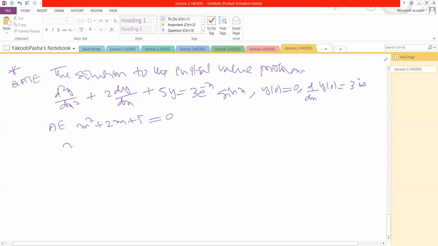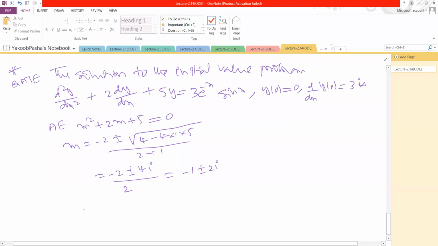We can resolve this as m = (-2 ± √(b² - 4ac)) / 2a, that is (-2 ± √(4 - 4·1·5)) / (2·1). So this is equal to (-2 ± √-16)/2, that is 4i by 2. This is equal to -1 ± 2i. These are the complex roots.